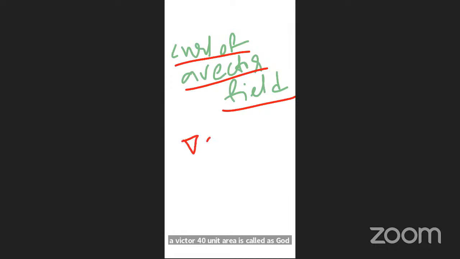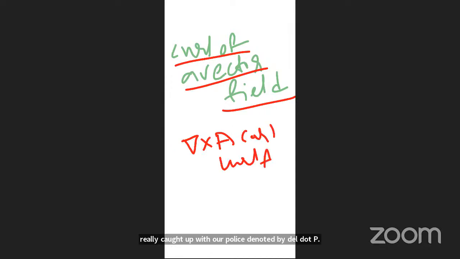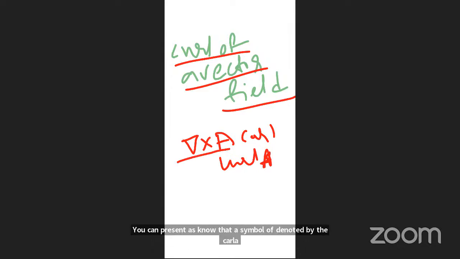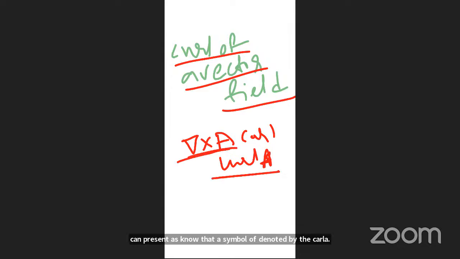The curl of a vector field is denoted by del cross A, or curl A.